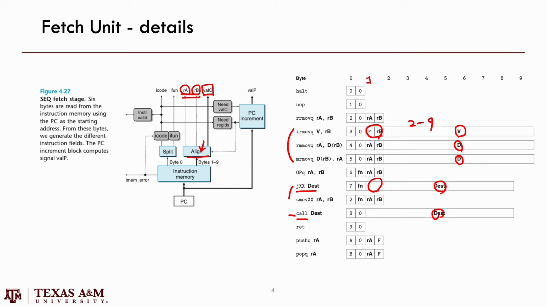So this align module outputs F and F for rA, rB when we fetch jump and call instructions, and then outputs byte 1 to byte 8, which is the start byte of Dest and the last byte of this Dest, to valC.